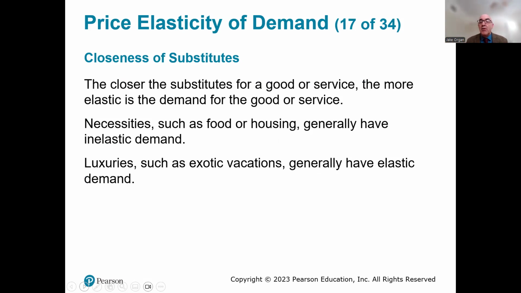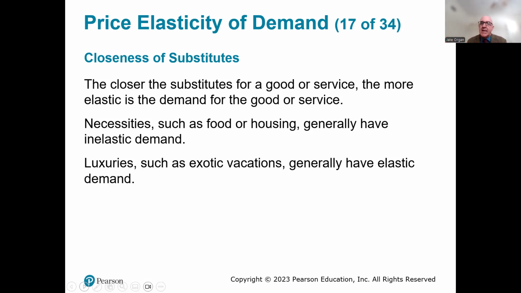Elastic demand will be where you have a lot of substitutes. So if it's, say, a Toyota Corolla versus a Honda Accord versus a Hyundai Elantra, they're effectively the same car. So if one puts up its price, you buy the other one.